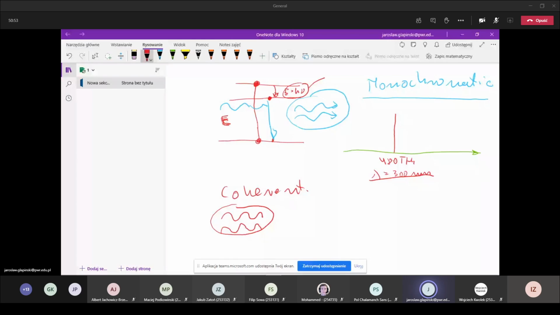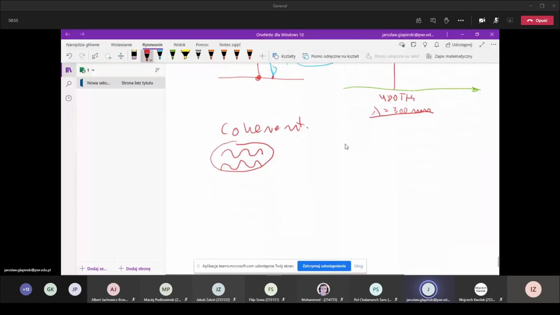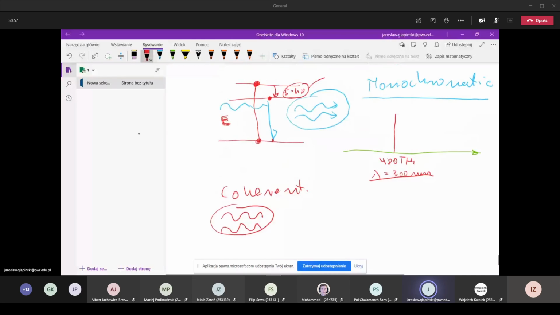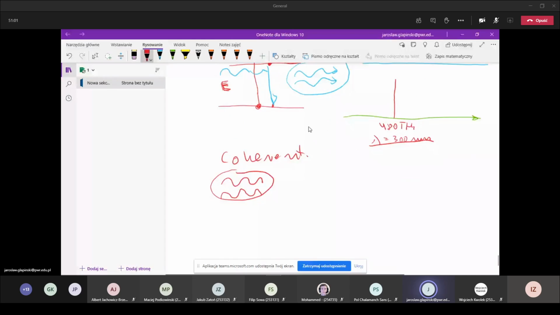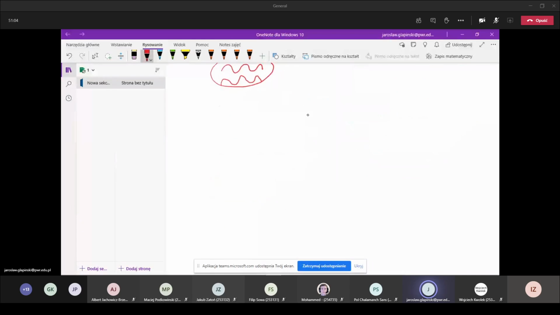But this is the idea, and this is linear, but in real life we have, of course, something different. These are the atoms. We do not have atoms in a line.